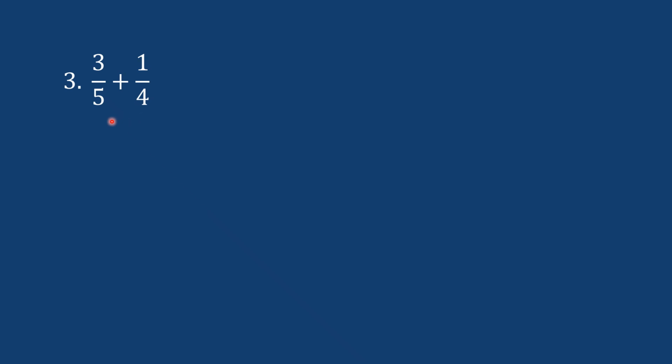So, let us multiply 3 over 5 by 4 over 4 and 1/4 by 5 over 5. So, this is now equal to 3 over 5 times 4 over 4 plus 1/4 times 5 over 5.